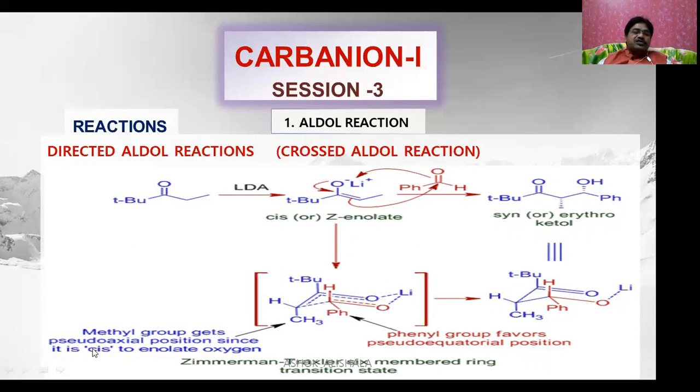The methyl group takes the pseudo-axial position since it is cis to the enolate oxygen, and the phenyl group favors the pseudo-equatorial position, so that the erythro ketol is formed. This is the Zimmerman-Traxler six-membered ring structure.